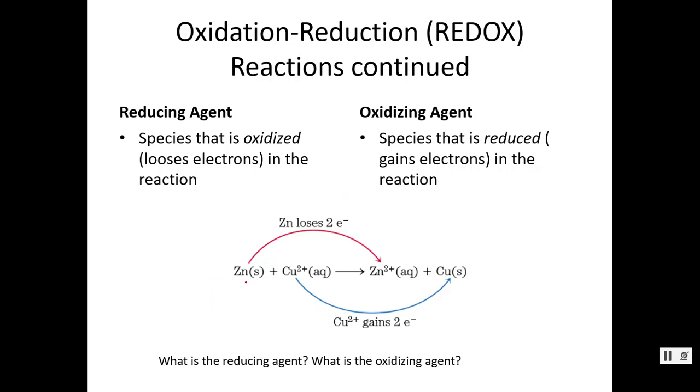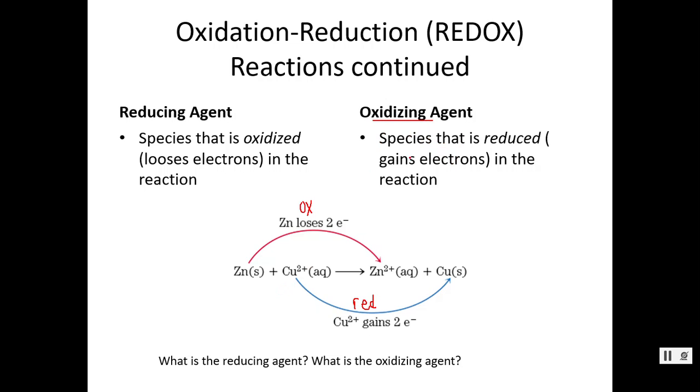So in this example that was from the previous slide, we said zinc, because it's lost 2 electrons, is oxidized, and copper, since it gained 2 electrons, is reduced. But if I was to ask you what is the oxidizing agent, the oxidizing agent is the species that is reduced or gains electrons.